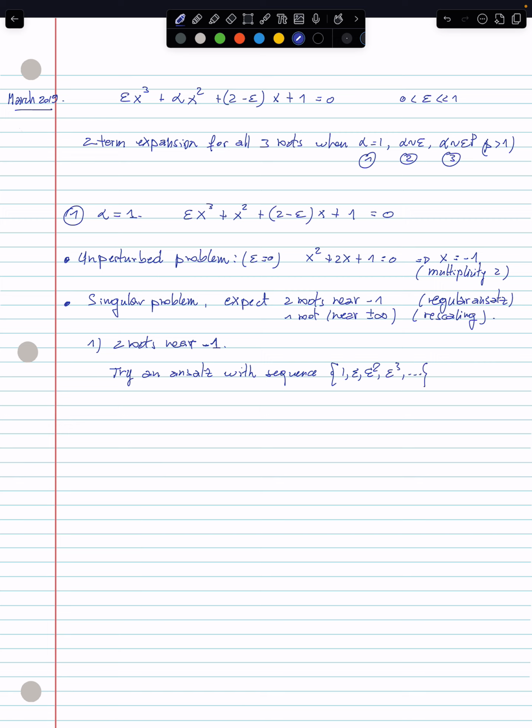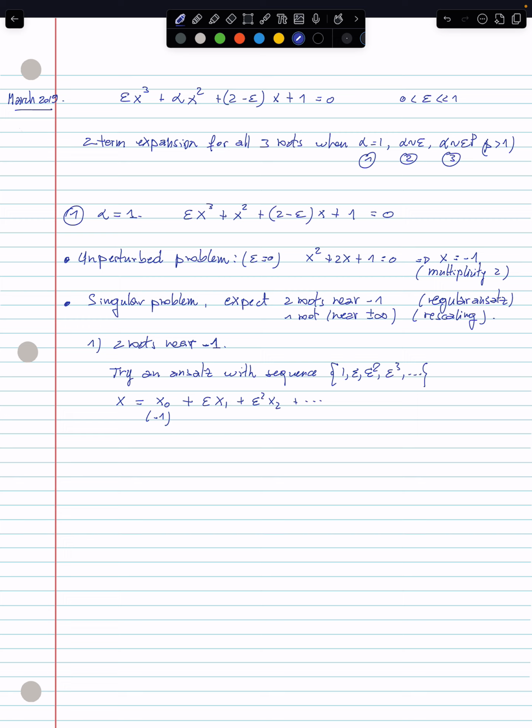Which means that we are seeking a solution in the form x is equal to x0 plus epsilon x1 plus epsilon squared x2, and so on. We do expect, of course, that x0 is equal to minus 1, but to remain general, we can keep x0 here. We are requested to keep two terms, so actually x1 will be enough.